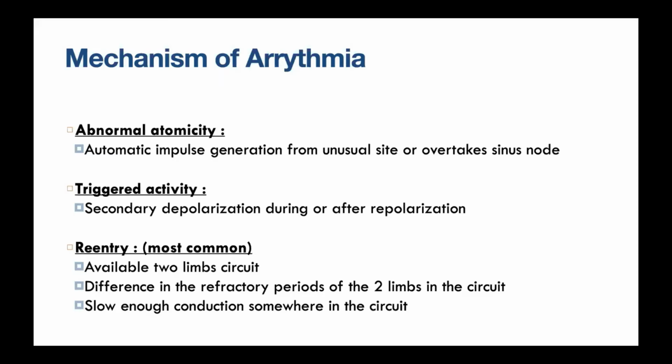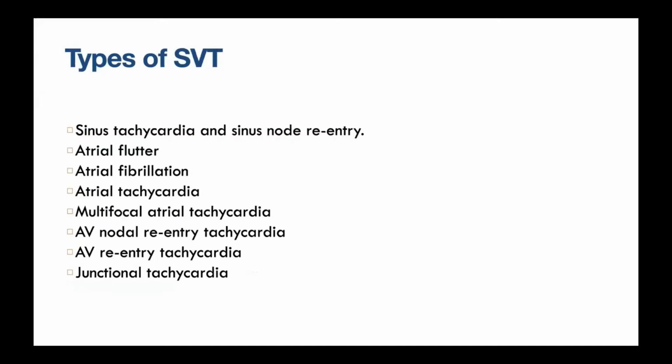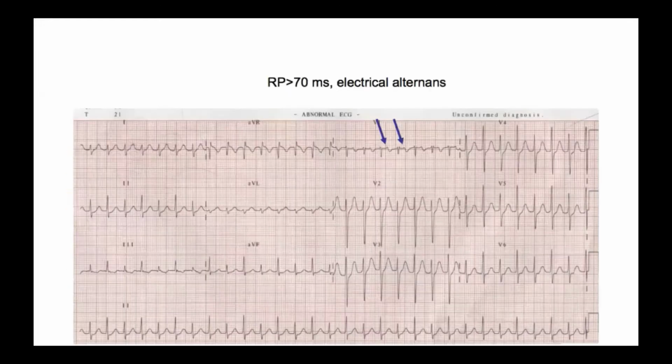This is an example of abnormal automaticity. These are the types of SVTs: atrial flutter, atrial fibrillation, atrial tachycardia, and all the other types. We will go over them one by one and have examples for all of them.